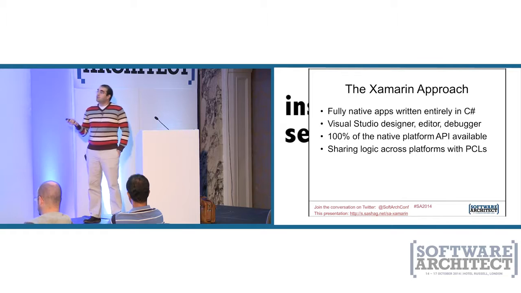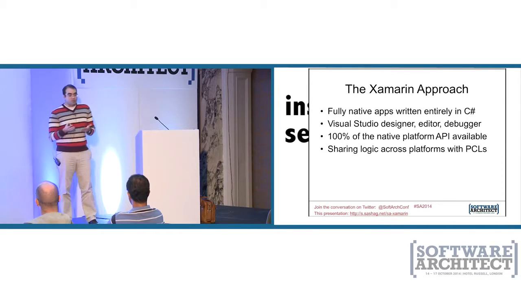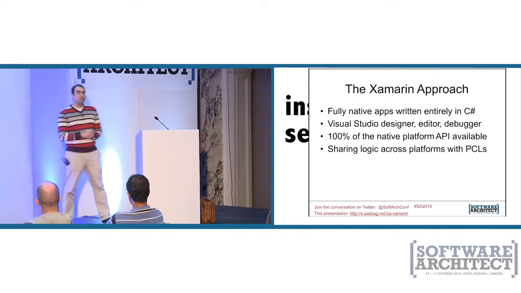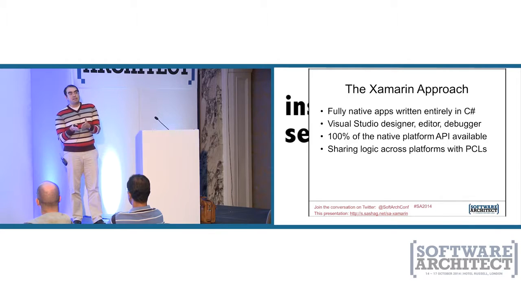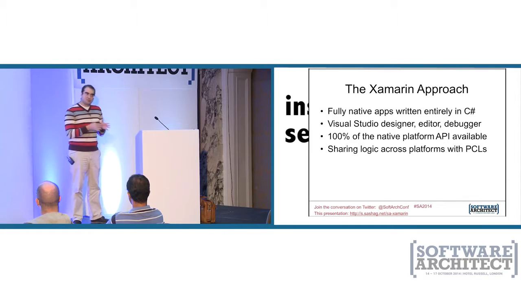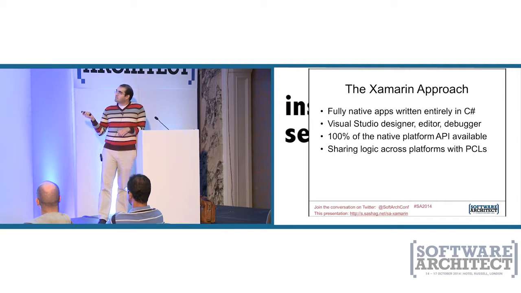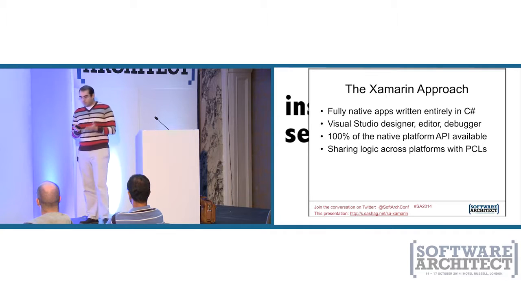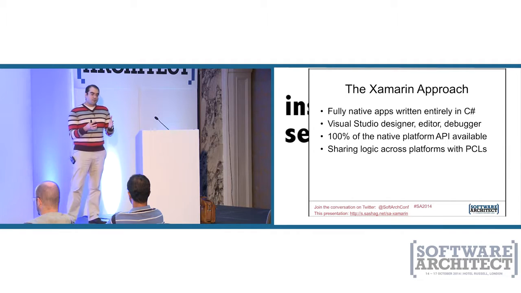And finally, you can share code, of course, across platforms, assuming you're building a cross-platform application, using shared links to C# files, which I would probably discourage, or by using shared libraries, which are, in our case, PCLs, Pickles, Portable Class Libraries. I hope you've heard of the term. Portable Class Libraries are libraries that contain .NET classes, which can be used from different platforms.